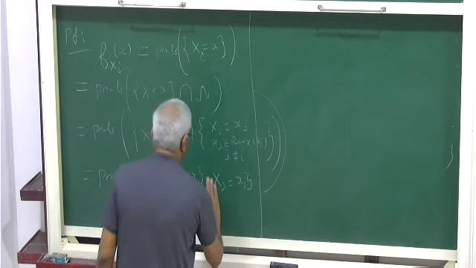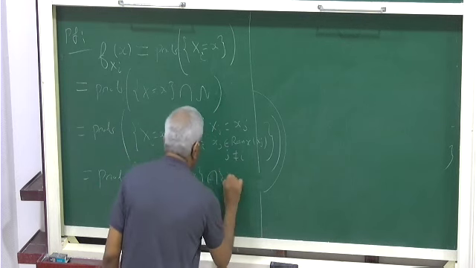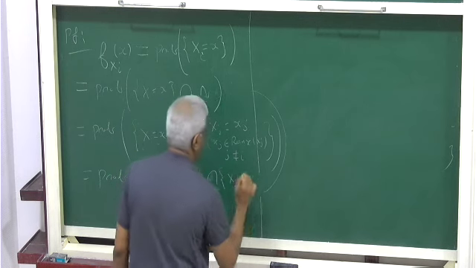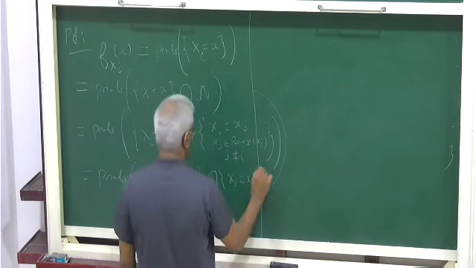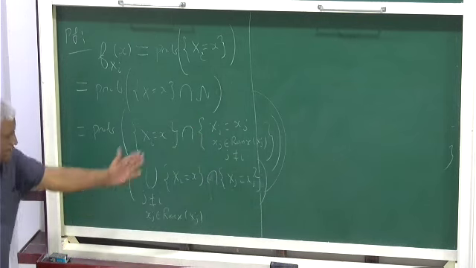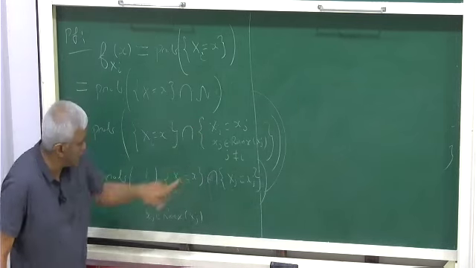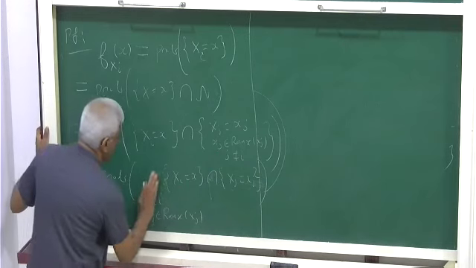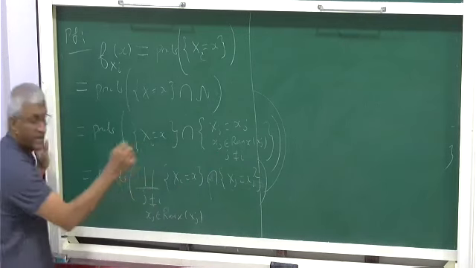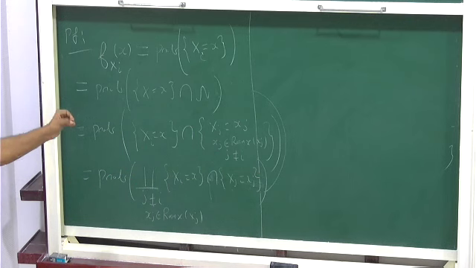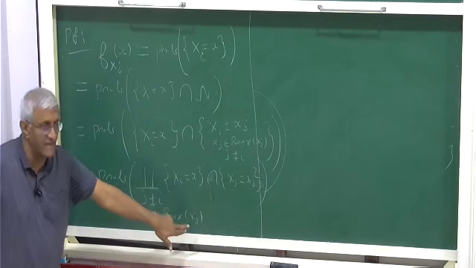Okay, this is the intersection of X_j equal to x_j. I have just written this because it is just the union of all those things, and this union is a disjoint union for different j. If the value is going to be some particular x_j, then it will not be the other x_j, right?